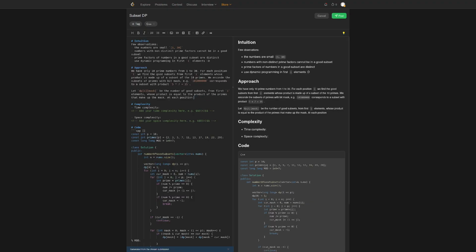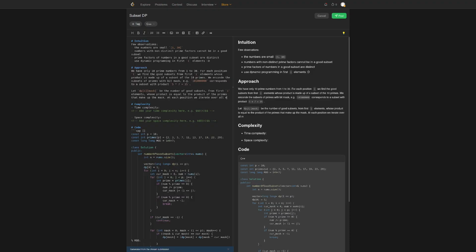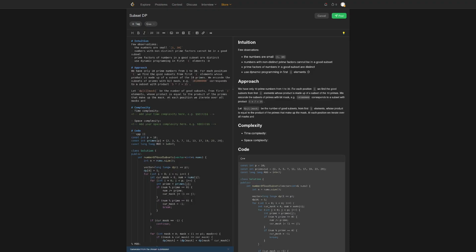At each position we iterate over all masks, and we can either add the current number to all subsets.